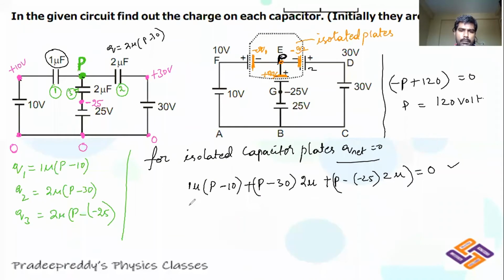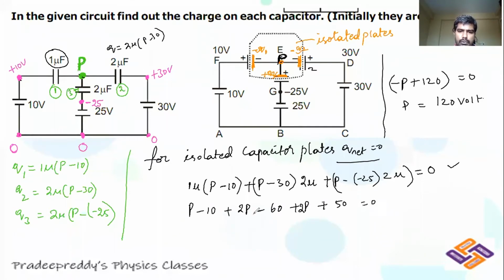Now I'll write down P minus 10 plus 2P minus 60 plus 2P, 2P minus of minus will become plus 50, is equal to 0.